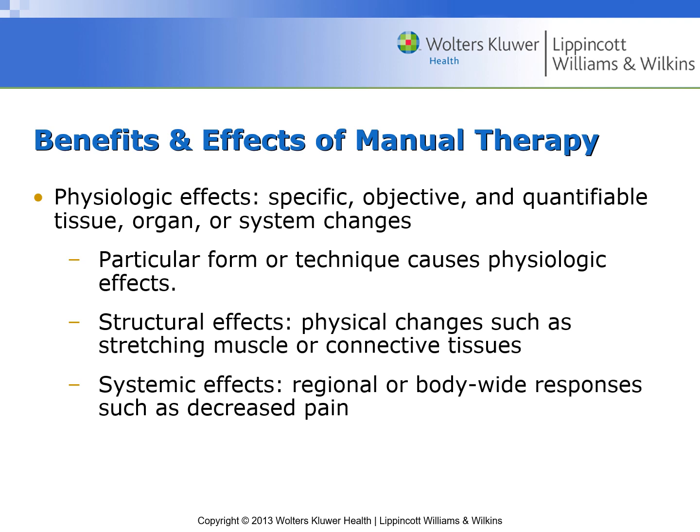Structural effects may be seen, such as physical changes, such as stretching muscles or connective tissues may be noticed. And you may have systemic effects, whereby regional or body-wide responses, such as a decreased response or sensation to pain, may be noticed.